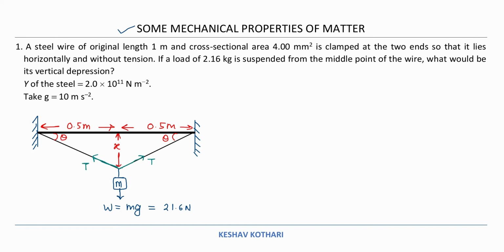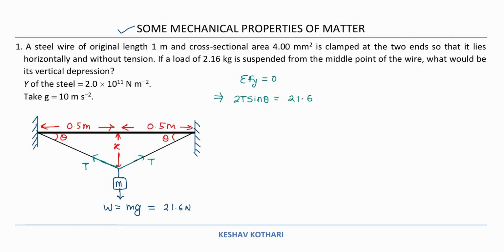Over here, if I take the components in the vertical direction, for equilibrium the summation of forces along the y axis is equal to 0. So I can say that 2T sine theta is equal to the weight mg, which is acting in the downward direction, equal to 21.6 Newton.